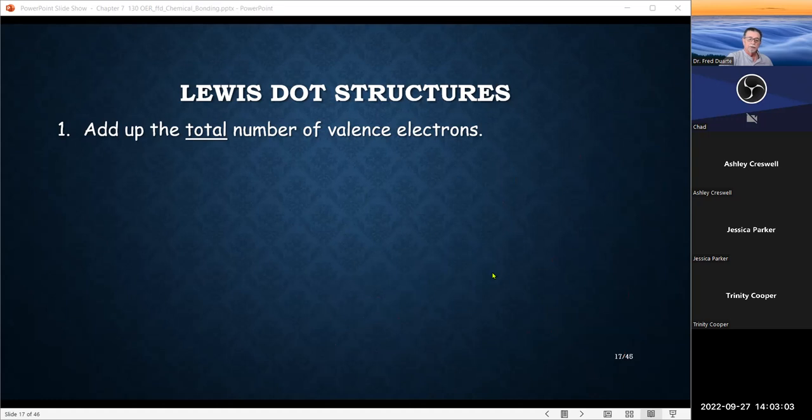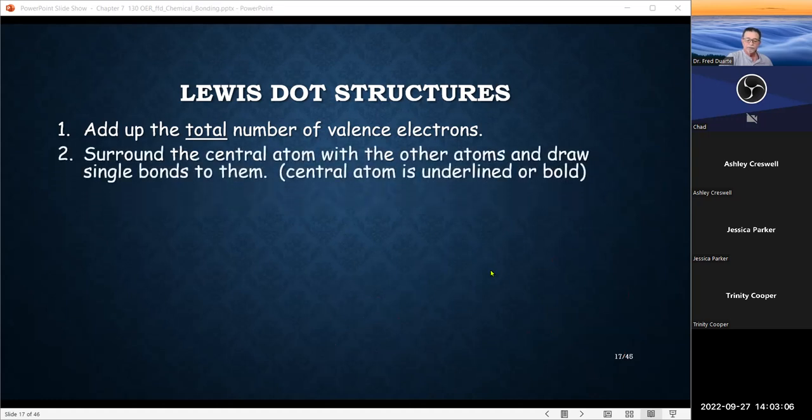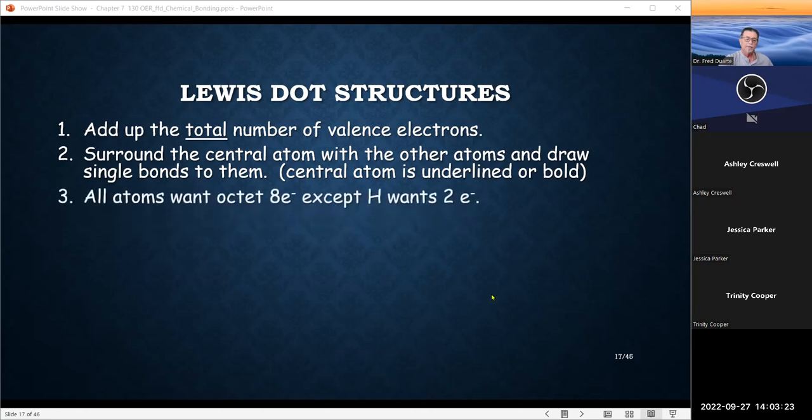Okay, so we add up the total number of electrons. Then we surround the central atom with all of the other atoms. We can simply draw single lines from each of the other atoms to the central atom. We're going to tell you who the central atom is. It'll be either underlined or in bold print. Now we got to remember about the octet.